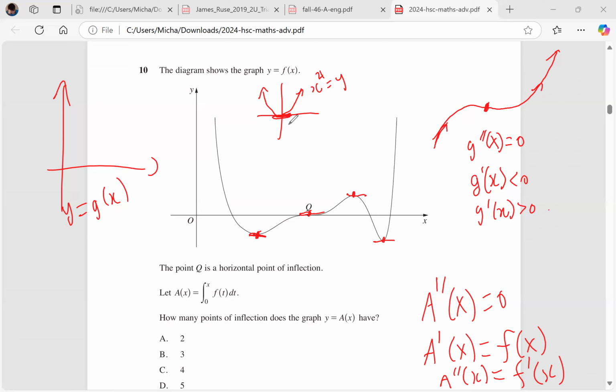So maybe it's easiest to say that it's a point of inflection if it's like y equals x cubed. So that's a point of inflection. And here it still has the second derivative is 0. That's a horizontal point of inflection.